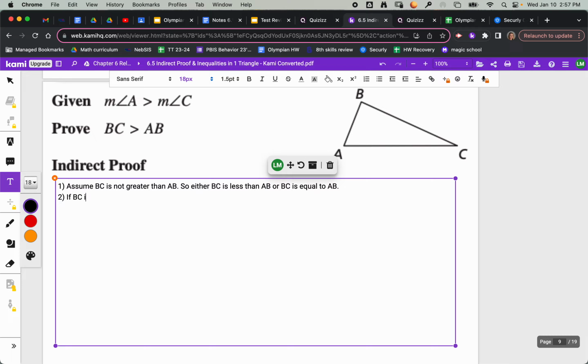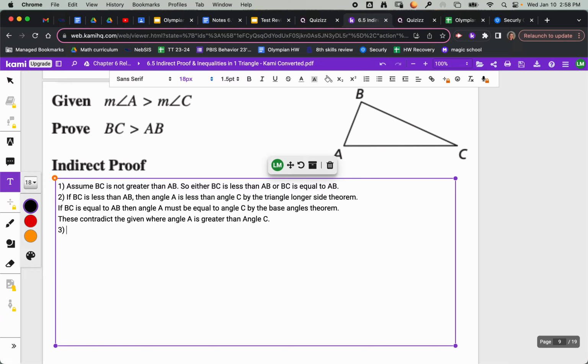If BC is less than AB, then angle A, which is across from BC, is less than angle C by the triangle longer side theorem. If BC is equal to AB, then angle A must be equal to angle C.